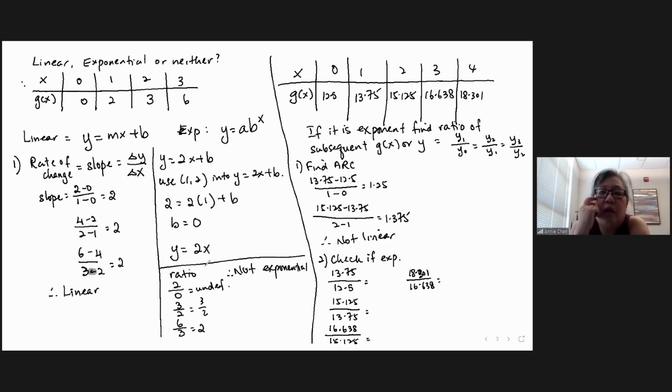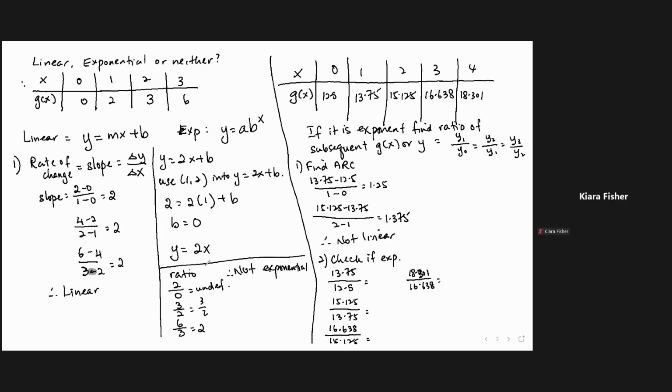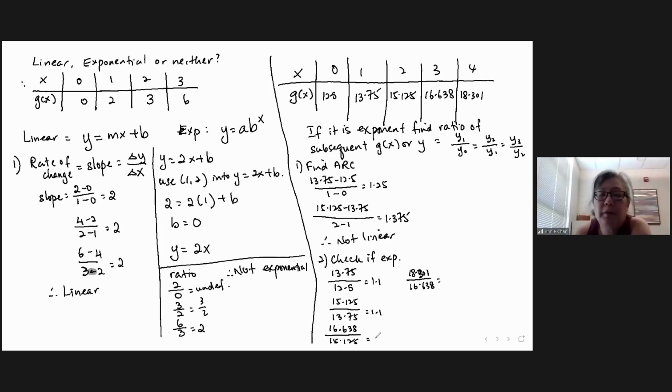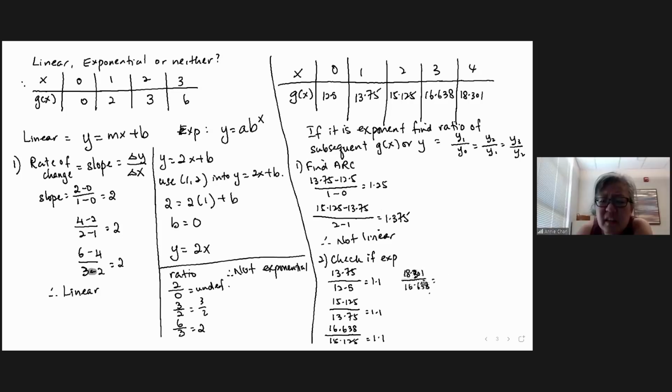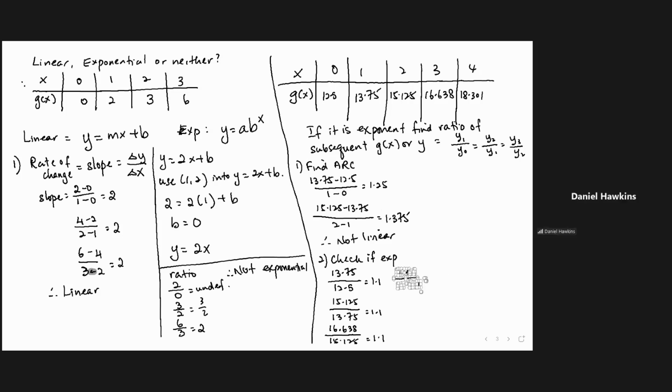Do you all have your calculator with you? For the first one, I got 1.1, and then for the second one, I got 1.1. What about the third one? 1.1. Okay, what about the last one? I think I wrote down the number wrong for the third one. Oh, okay.